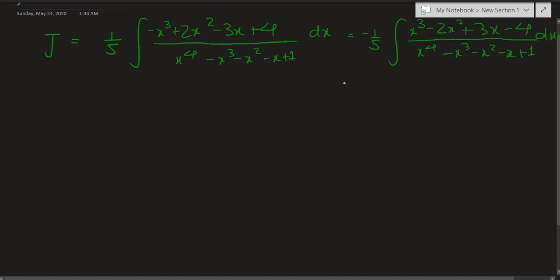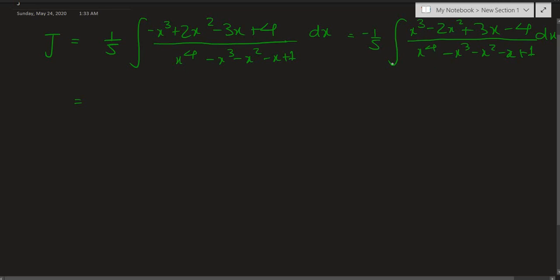One thing we can do to ease the computation of this devastating integral is, since the numerator has a degree 1 less than the degree of the denominator, we can try to match the numerator to be the derivative of the denominator, so that we can directly take the natural log after integration. The derivative of the denominator is going to be 4x cubed, so there will be a leading 4 attached with the x cubed.